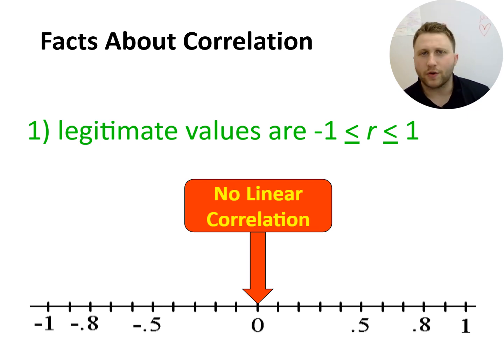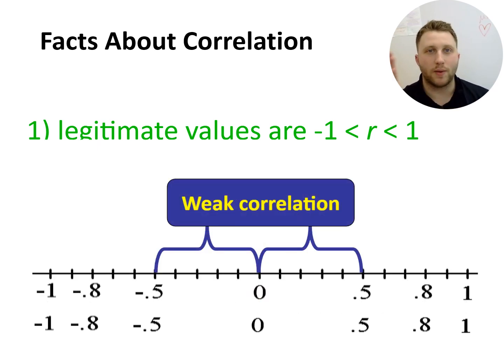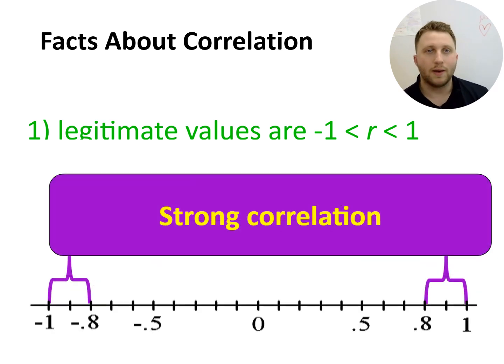Values that are very close to 0, you're going to say no relationship, no association. Values that are between 0 and 0.5 on either side of the number line are considered weak. Between 0.5 and 0.8 on either side of the number line are considered moderate. And between 0.8 and 1 on either side of the number line are considered strong.